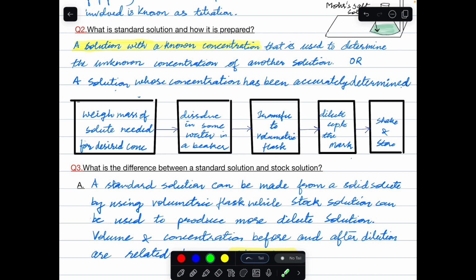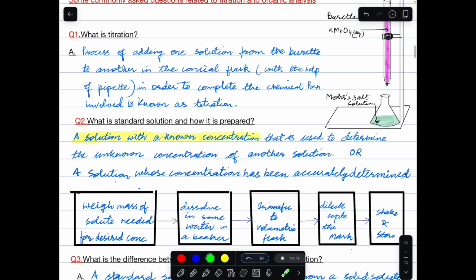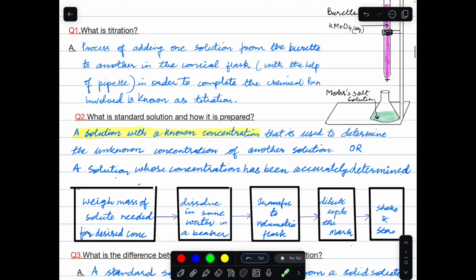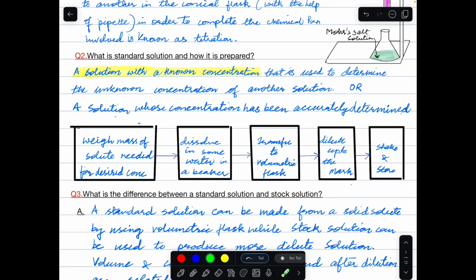And these are the steps for preparing any standard solution. Here I have given you the common steps. They are applicable in all cases, but depending upon the type of titration, some changes or additional substances are needed. For example, in a few cases we have to heat the solution because the substance is not very soluble.